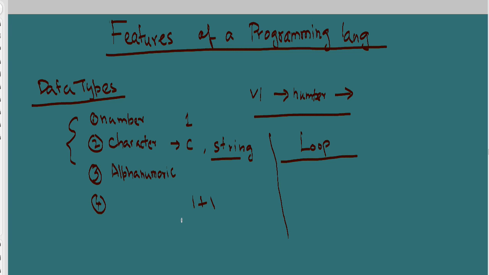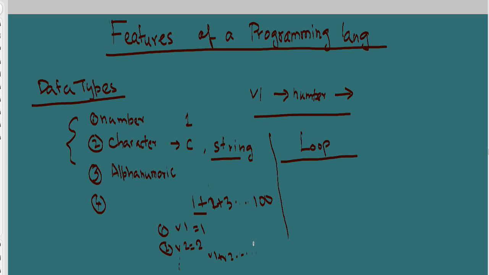But what if you have to do this 1 plus 1 maybe 100 times, or add numbers 1 plus 2 plus 3 all the way up to 100? You can keep defining variable v1 equal to 1, v2 equal to 2, v3 equal to 3, and then do v1 plus v2 plus v3 all the way.